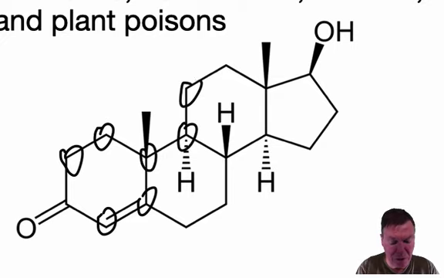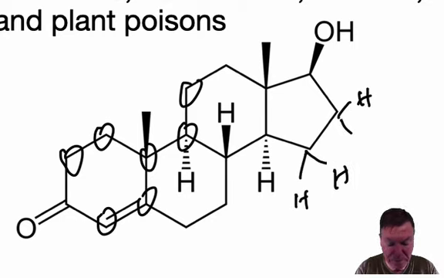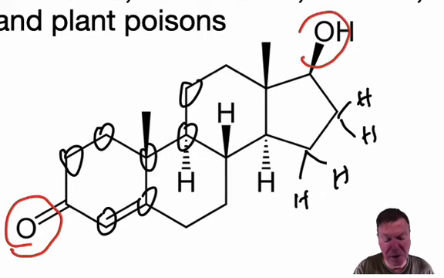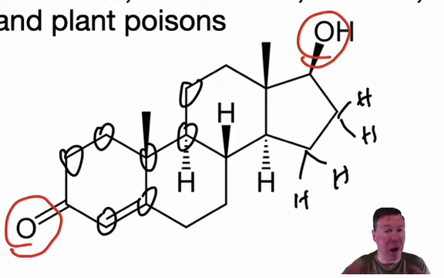All right, and I'm not going to draw them all in there, but every one of those is a carbon. And attached to each one of those carbons are hydrogens. Again, I'm not going to draw them all in there. The only oxygen is this oxygen over here and this oxygen over here. So it's in a ring, all right? A lot of carbon, a lot of hydrogens, not a lot of oxygen.